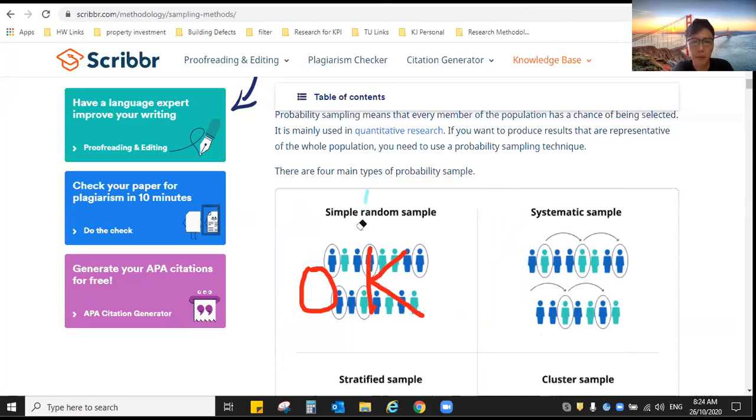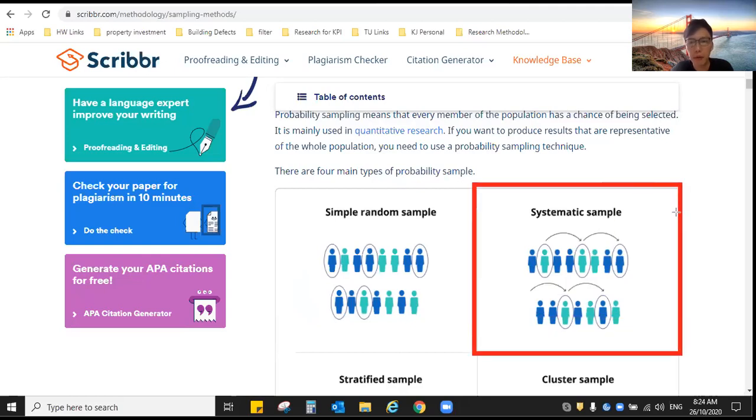Systematic sample. A systematic sample is where you select, for example, I ask you to sit in a lecture room.